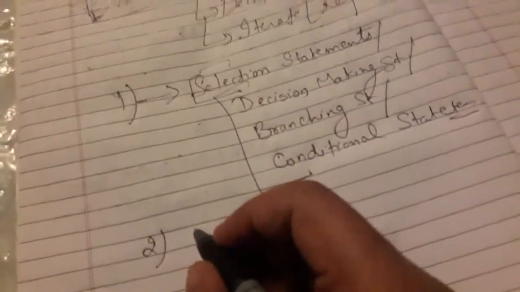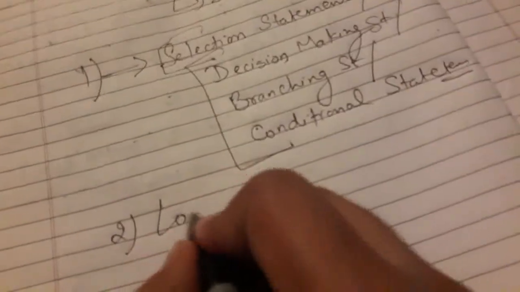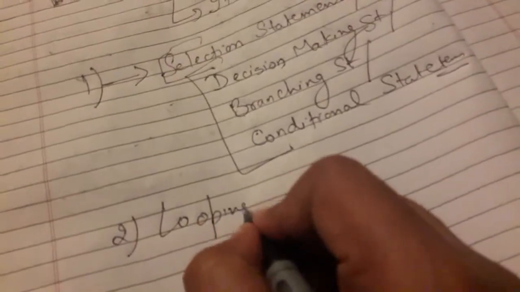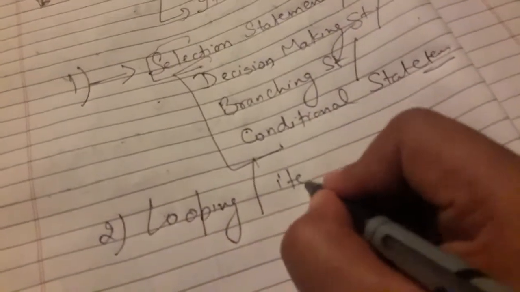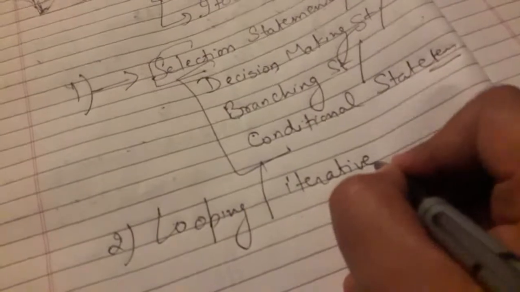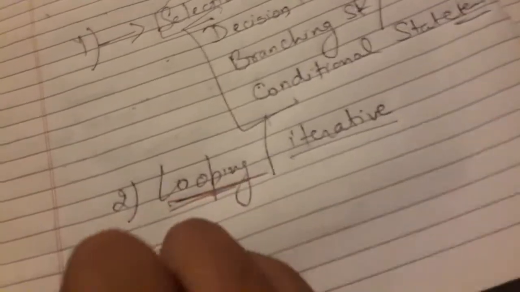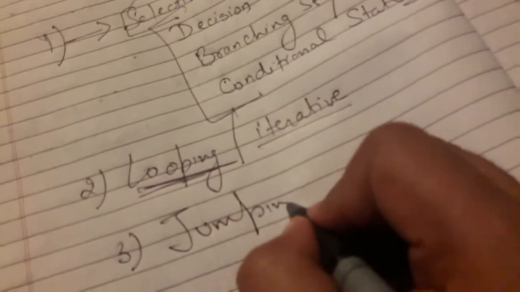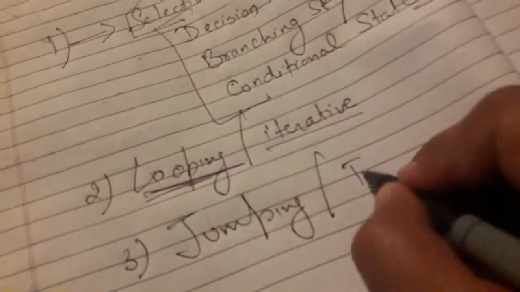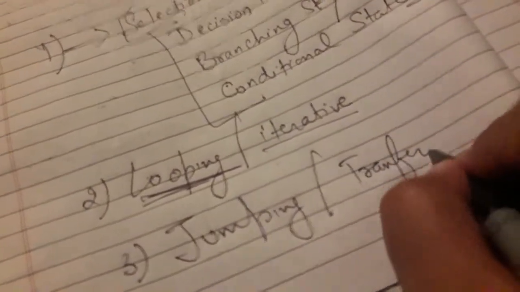So the second category of control statements is looping. Looping means iterative statements. Some people call it iterative statements, some people call it looping statements, right? And the third one is jumping statements. Some people call it transfer statements.